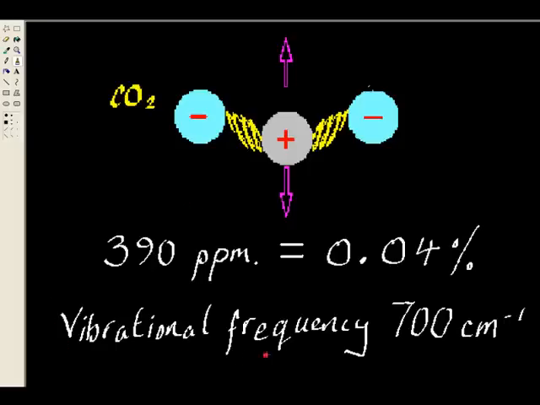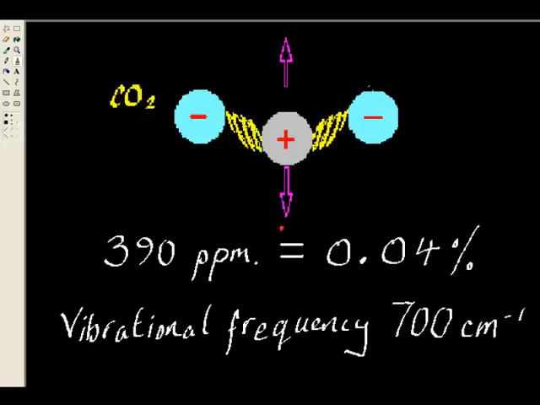Just to remind you, the normal vibration frequency of carbon dioxide in the atmosphere for its bending mode is 700 centimeters. So when carbon dioxide starts to receive long-wave radiation, or heat, at a frequency of about 700 centimeters, it starts to vibrate like this.